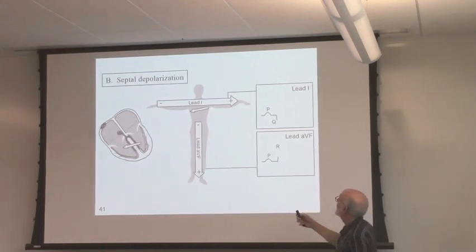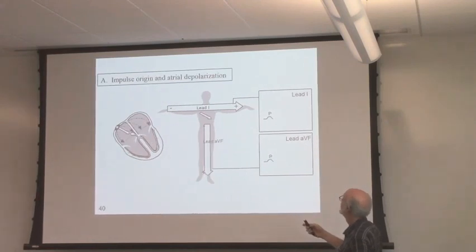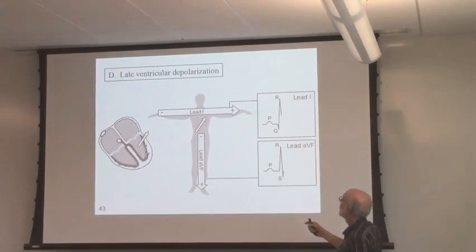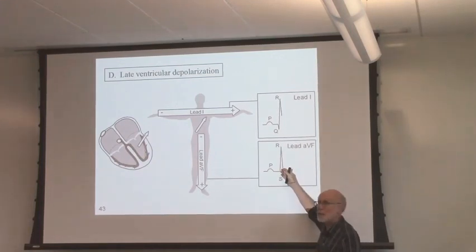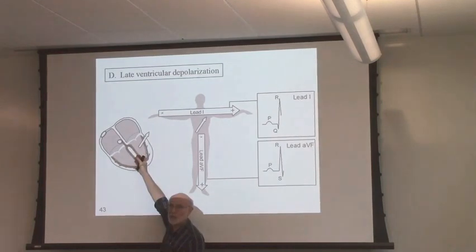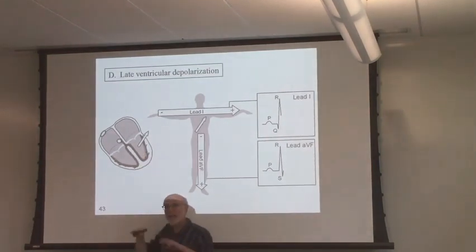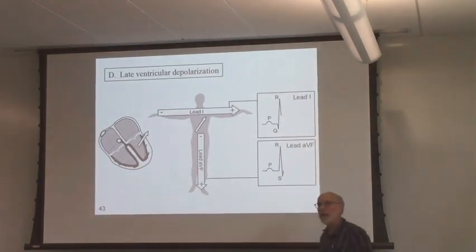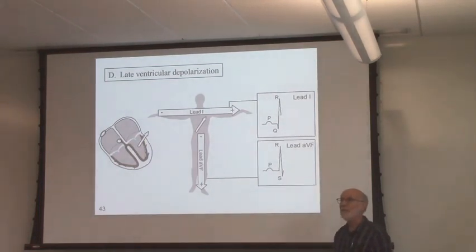The QRS complex represents the spread of depolarization throughout the ventricles. And I'll break that down next week after you've had a chance to see it in lab.